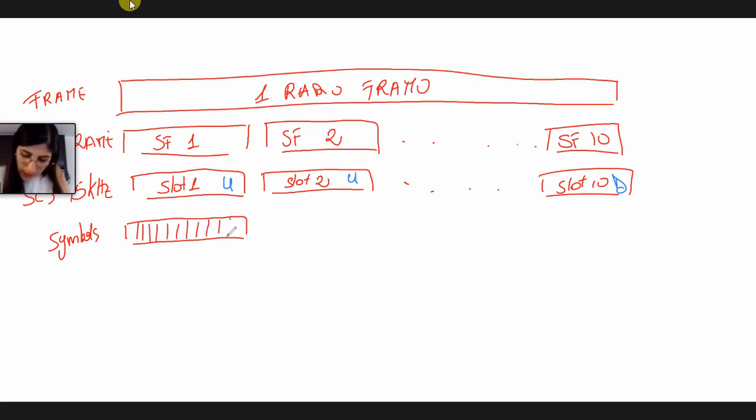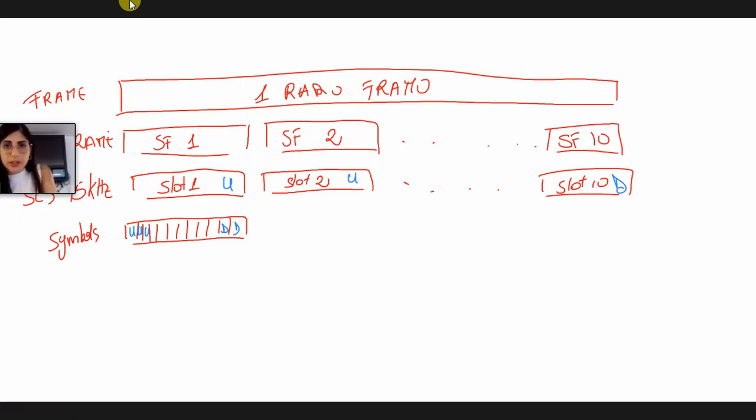And with self-contained slot, we can dynamically allocate uplink or downlink symbols within the same slot.